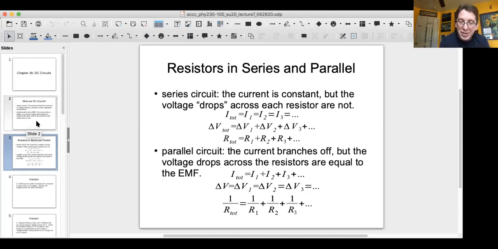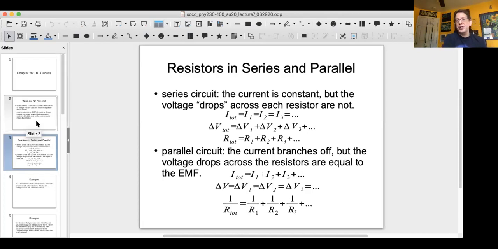In a parallel circuit, the current branches off. So the total current feeding into that segment is equal to the sum of the currents in each branch. But the potential difference across each branch doesn't change. So it's similar to capacitors in parallel in that sense. The voltage doesn't change. However, when you do the math, you find that the resistors exhibit an inverse relationship, kind of like capacitors in series, not parallel.